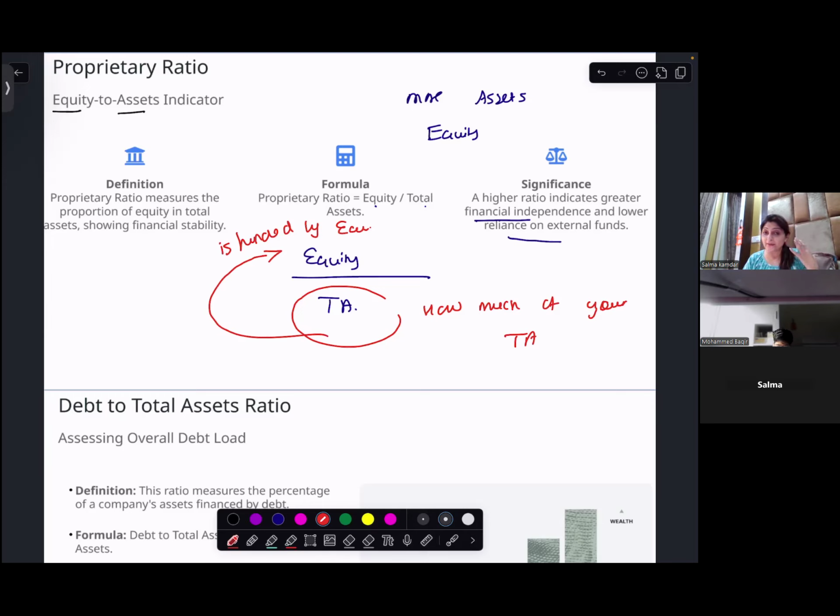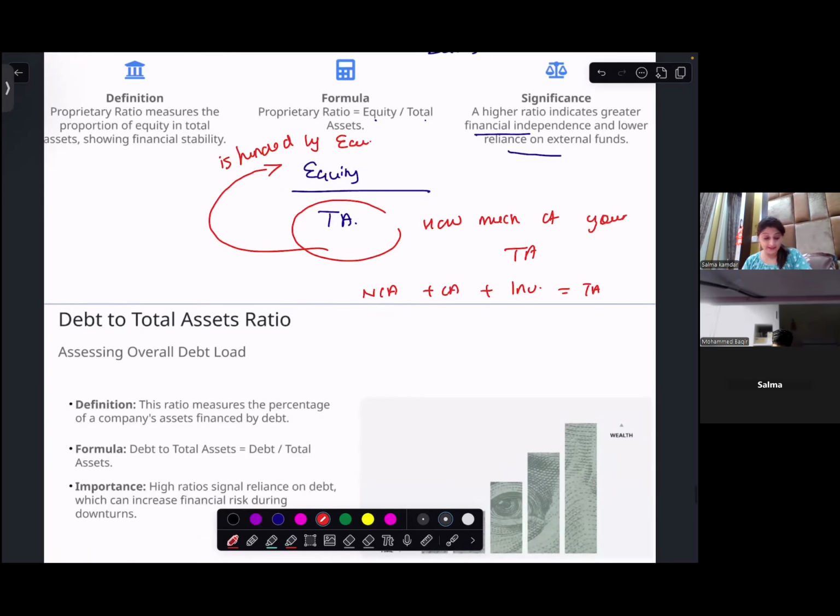So, equity over total assets. How do we get our total assets? Non-current assets plus your current assets plus your investments will give you your total assets.